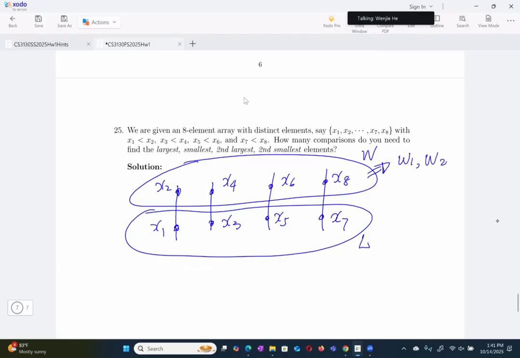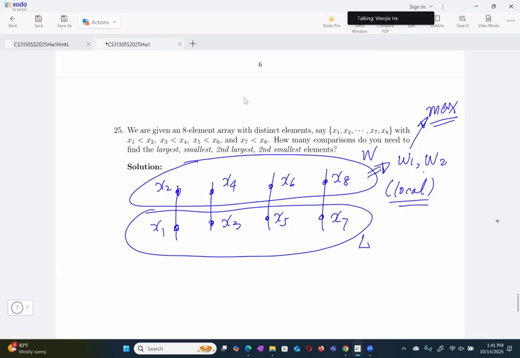But because that's the local largest, second largest, right? Not the global, which contains all the elements. W1, even though it's the local maximum, because it is in the winners group, it is the max.